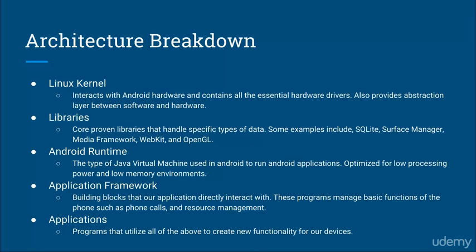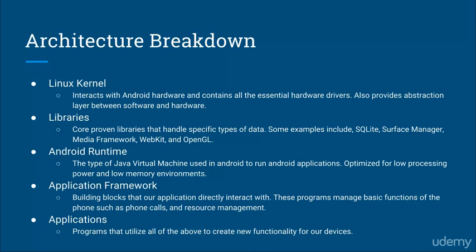So libraries. Our libraries are core, proven libraries that handle specific types of data. Some examples include SQLite, Surface Manager, Media Framework, WebKit, and OpenGL. So these are libraries that have been tested and proven in other things that Android has bundled with its operating system that we interact with, right?